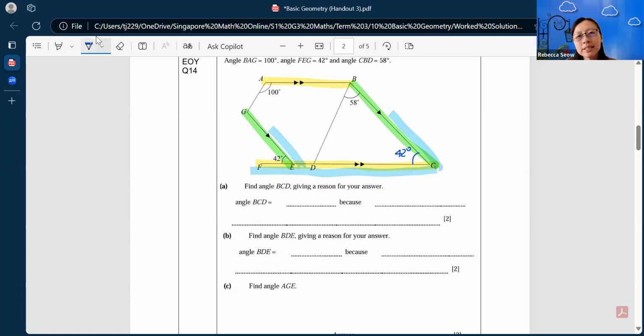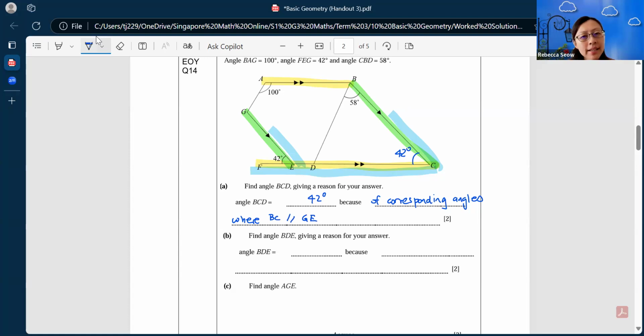So angle BCD is equal to 42 degrees because of corresponding angles, where BC is parallel to GE. All right, because there are many pairs of parallel lines and we need to identify the right pair in order to give the reason that it's reasonable.